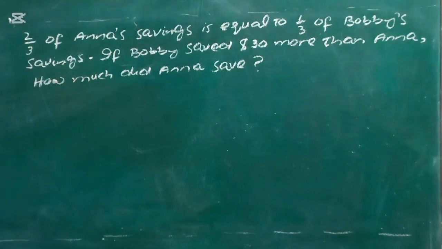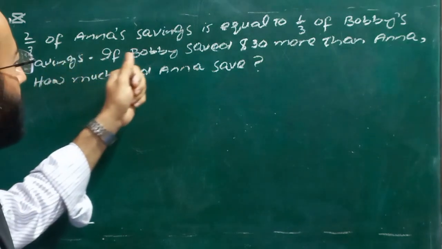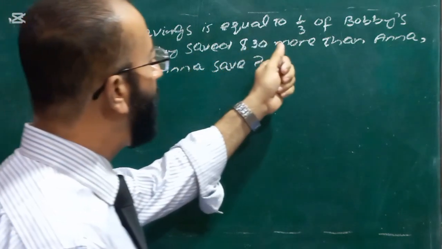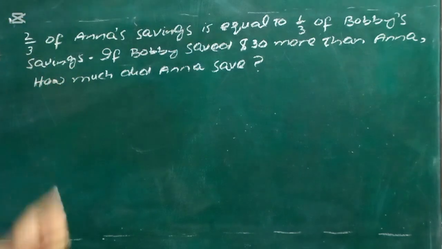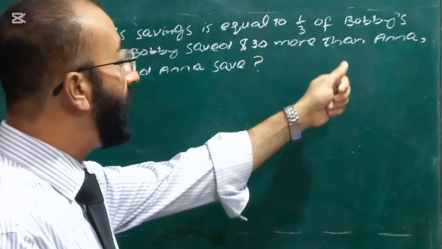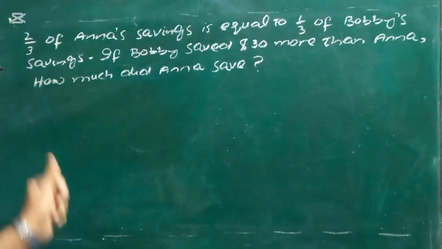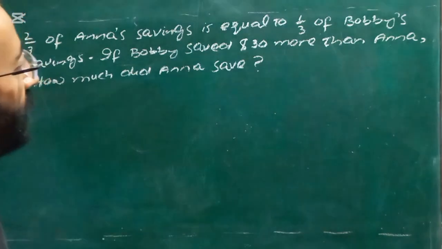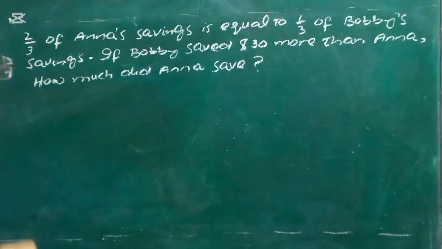Here is another question. The statement of the question is: 2 by 3 of Anna's savings is equal to 1 by 3 of Bobby's savings. If Bobby saved $30 more than Anna, how much did Anna save? Okay.